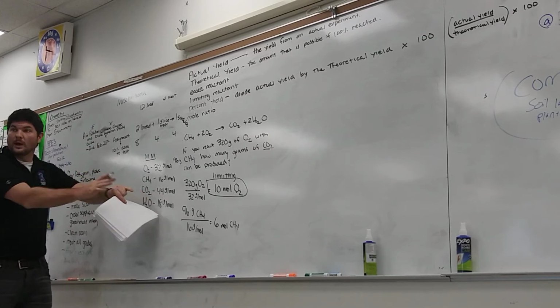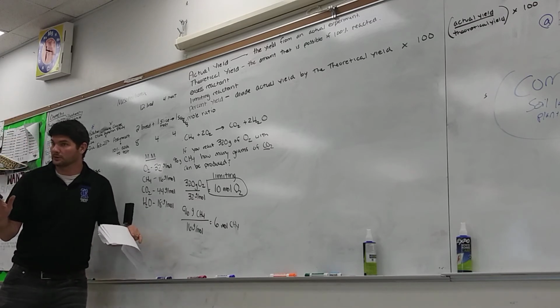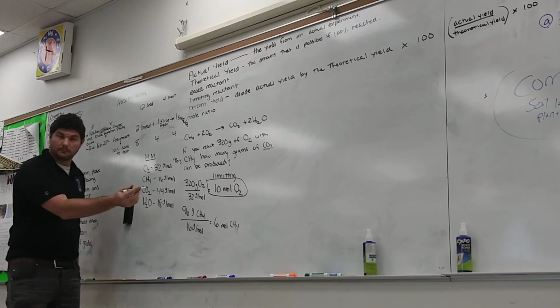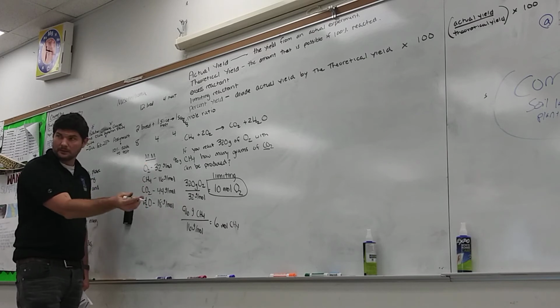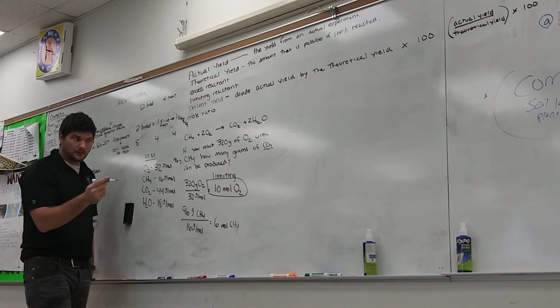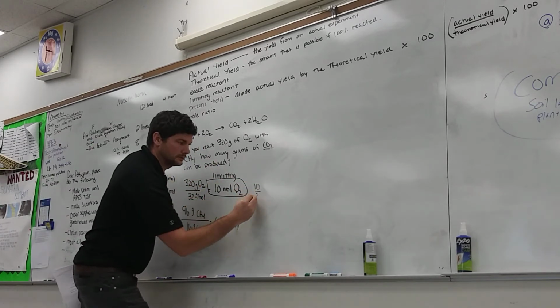Do you want to know an easier way? Super easy way. I know you understand what I just did, but this is the way that is fail-proof. If you take the moles that you have for each one and divide by the original coefficient, you get a number. What do I get by 10 divided by 2? 5.